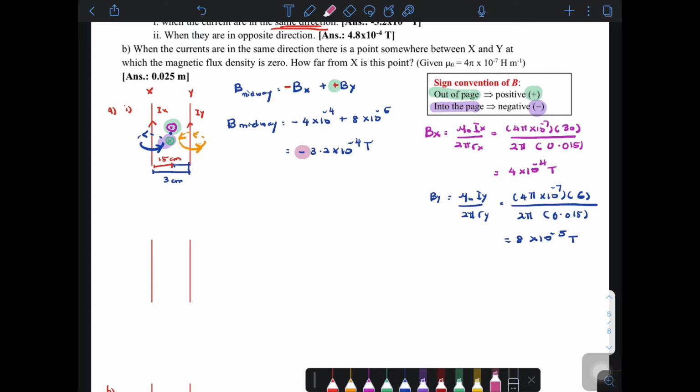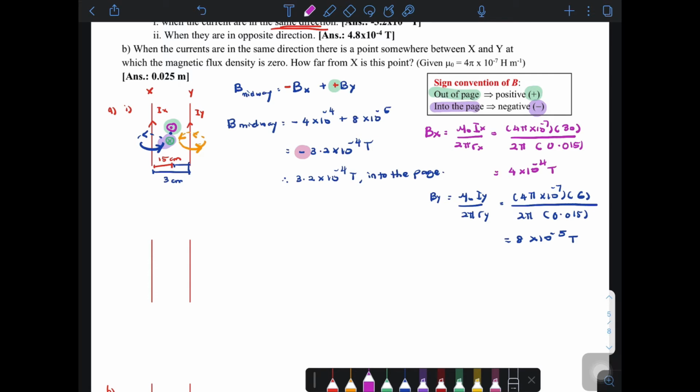So kita tahu dia ialah negatif. So nilai B sepatutnya akan jadi 3.2 exponent negative 4 Tesla, dan negatif maksudnya dia into the page. Okay. Right, so itu untuk the first one.